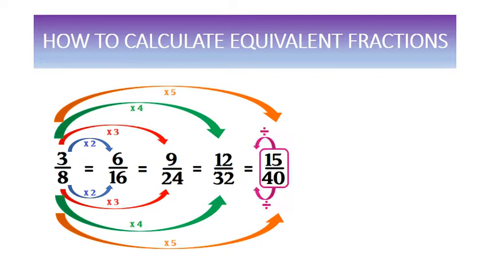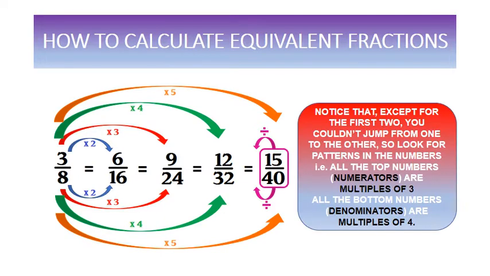Now we could have gone the other way and divided. But the point here is, as I say, apart from the first 2 fractions in the chain, we can't jump from one to the other. You can't multiply a 6 to change it into a 9, or a 16 multiplied by something to create the 24 in the second and third fractions.